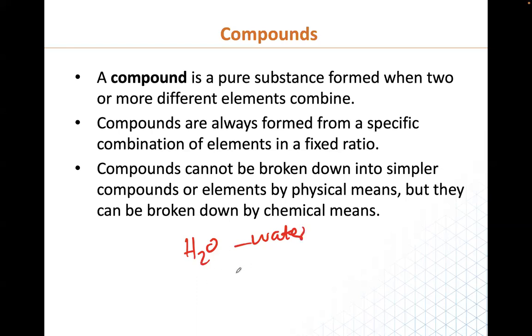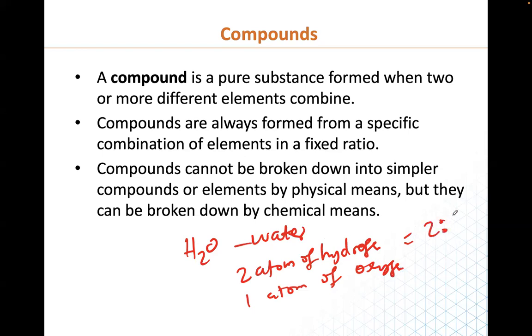So we form this water with two atoms of what? Of hydrogen, and one atom of what? Of oxygen. So that's the reason it gives a ratio of 2 to 1 for hydrogen to oxygen. That's the reason it is formed in a specific ratio.